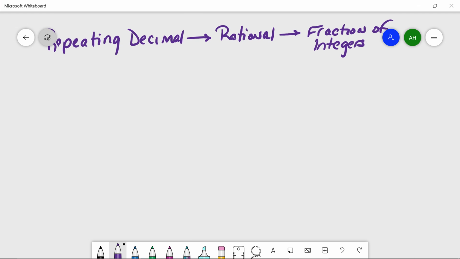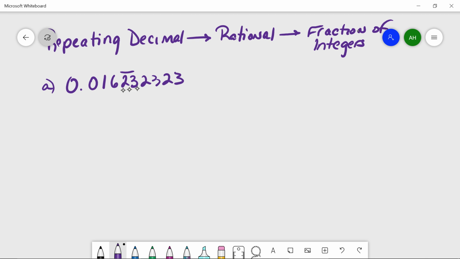So let's say I've got 0.016232323, and that 23 is what's repeating. What I want to do is eliminate the decimals by subtracting. We're going to call this number n, and I'm going to take n and subtract it from 100 times n.